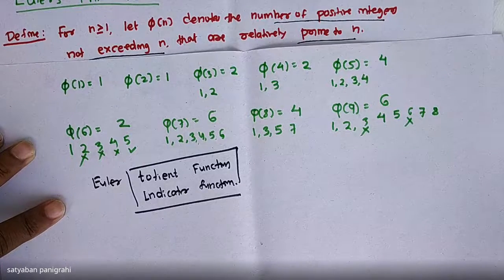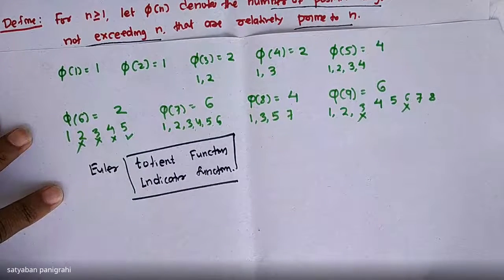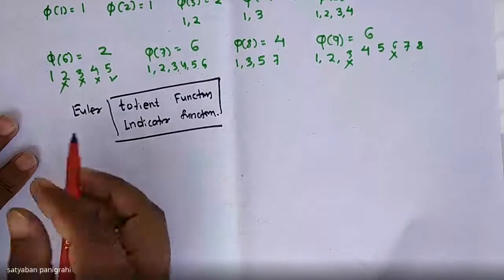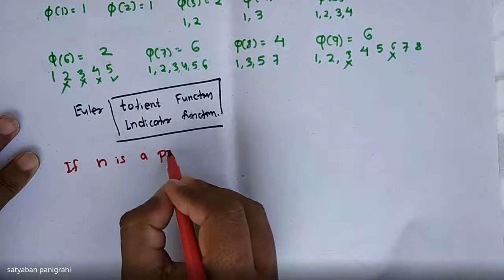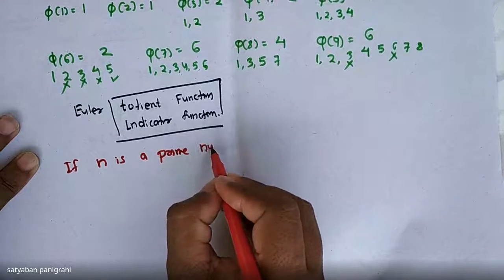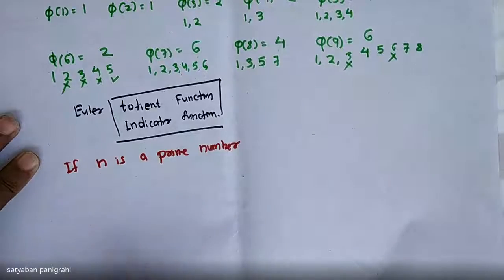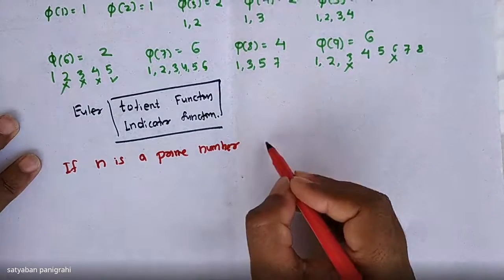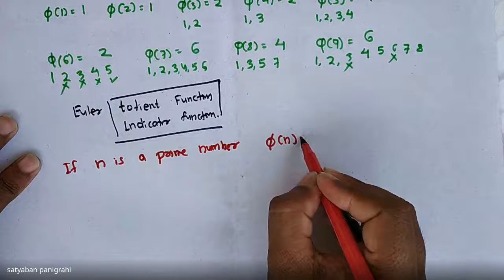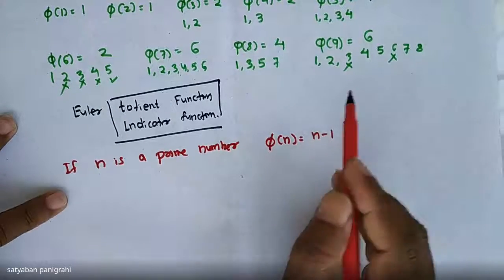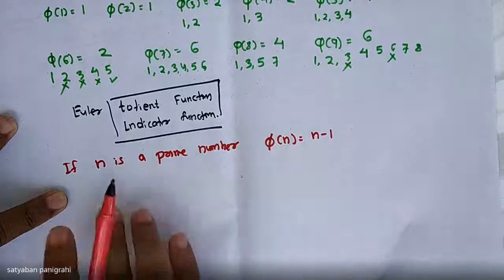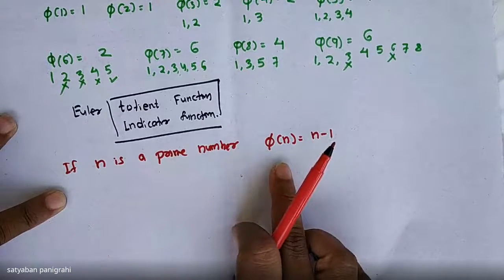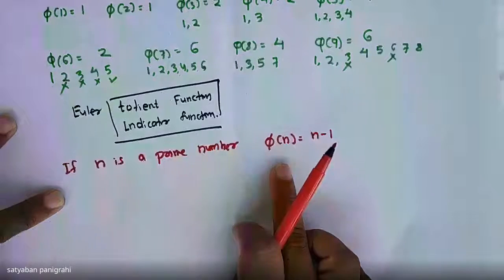Now, you can clearly see that if n is a prime number, then phi of n equals n minus 1, because if n is a prime number, then all the numbers less than n are relatively prime to n. And how many numbers are there? There are n minus 1 numbers.